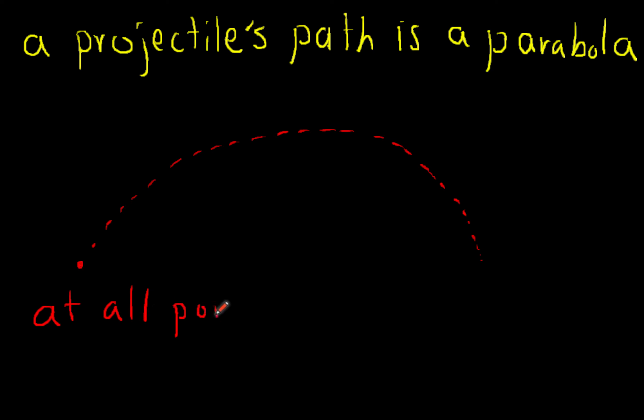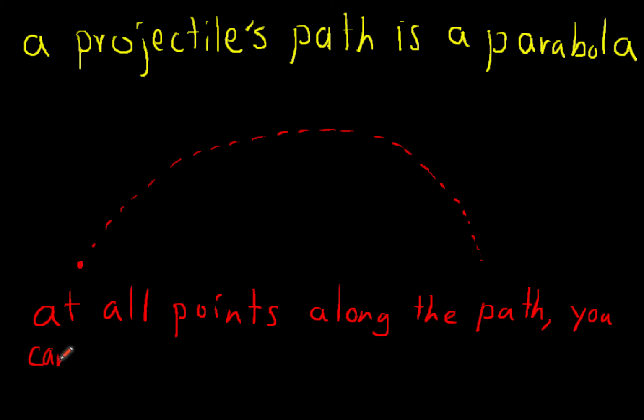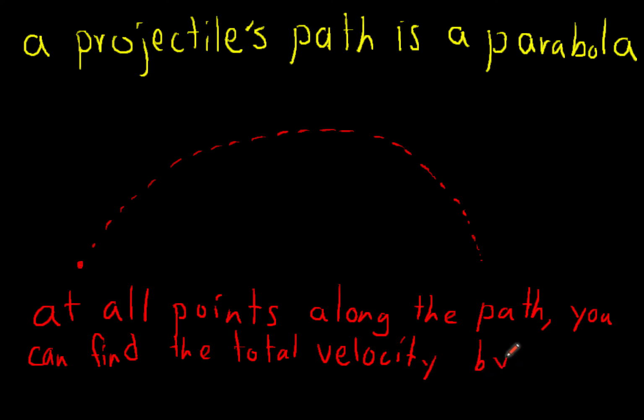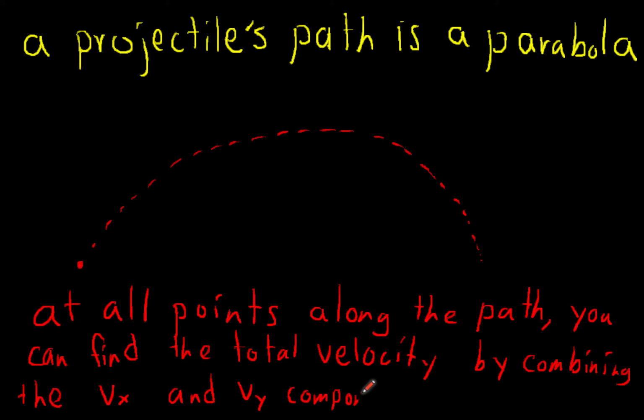At all points along the path of the parabolic trajectory, you can find the total velocity by combining the Vx and Vy components. Every moment along the trajectory has a different velocity triangle.